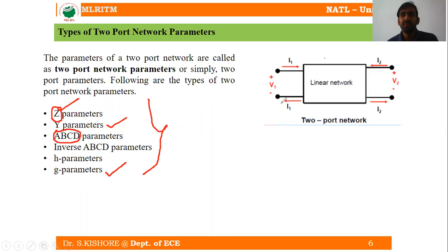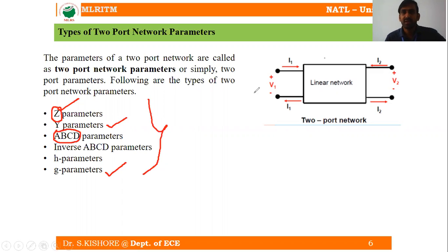combinations of independent variables and dependent variables. What are those? The independent variables can be any two of V1, I1, V2, I2, and the dependent variables, 2 variables, can be the remaining ones of V1, I1, V2, I2.